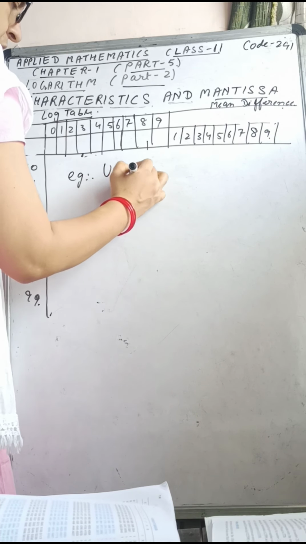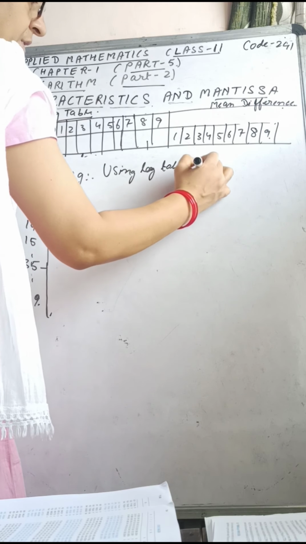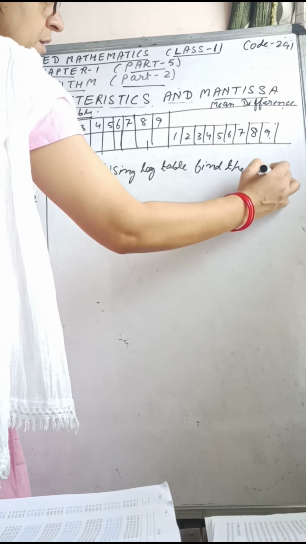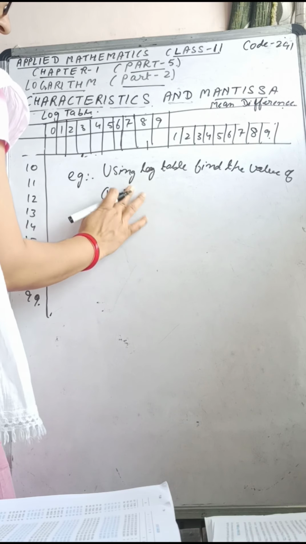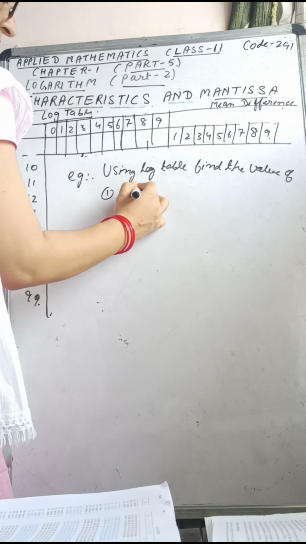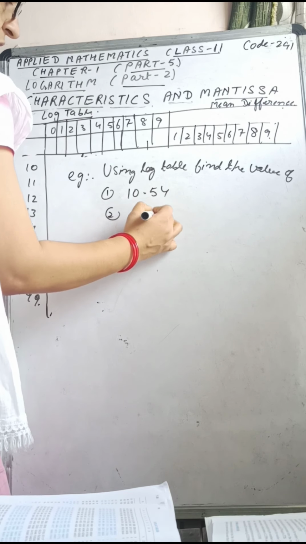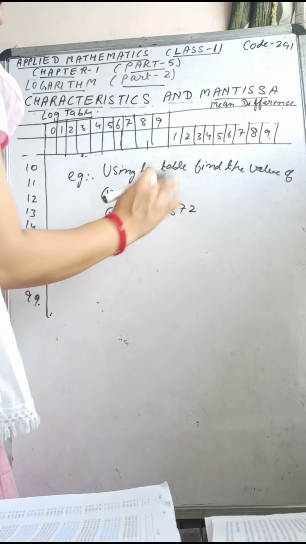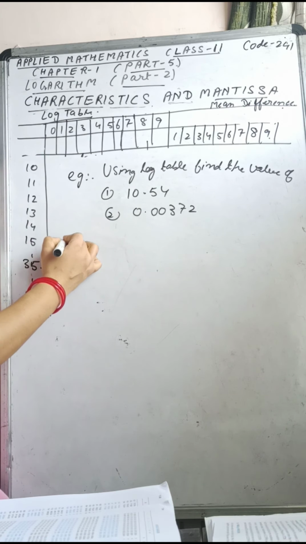Suppose the question is: using the log table, find the value of 10.54, and for the second example 0.00372.